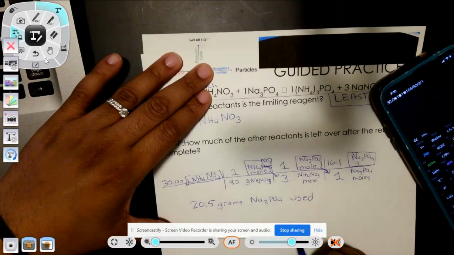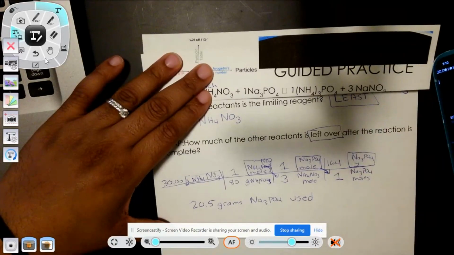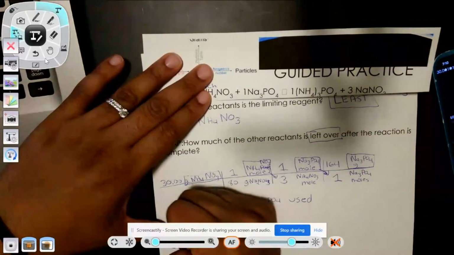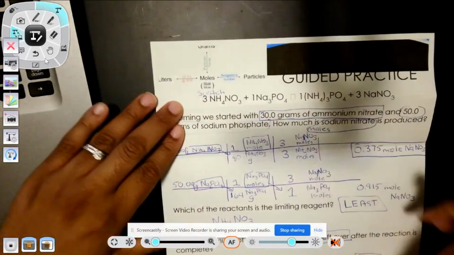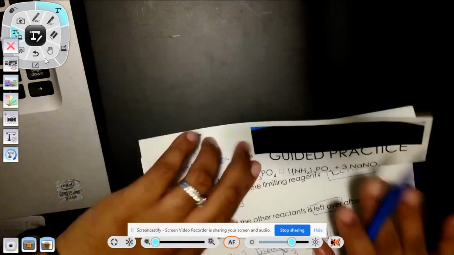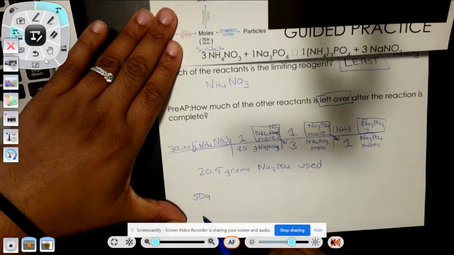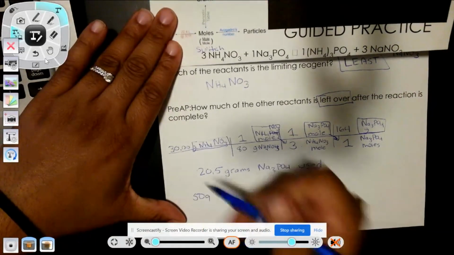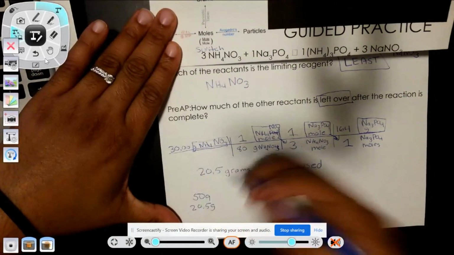But this is asking how much is left over. So that means we have to know how much we started with. And we started with 50 grams, according to our problem up here. It says 50 grams of sodium phosphate. So we're going to take what we started with, 50 grams, and subtract the amount that was used, which is 20.5 grams.